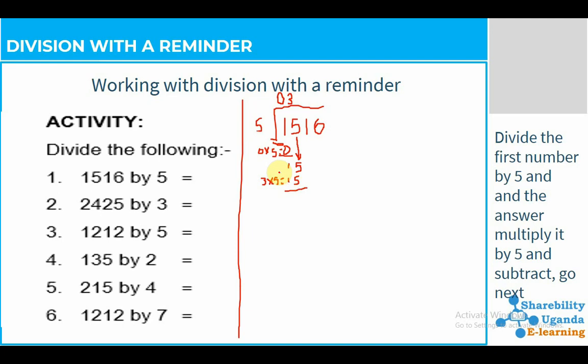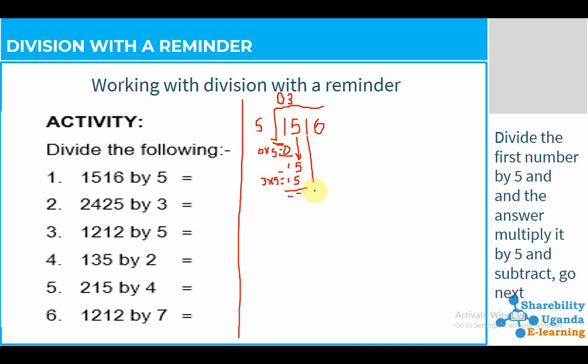Close here. We say what is 15 minus 15? 5 minus 5, you get a naught. 1 minus 1, you get a naught here. So here we have eliminated this number. So we are remaining with our 1 here.